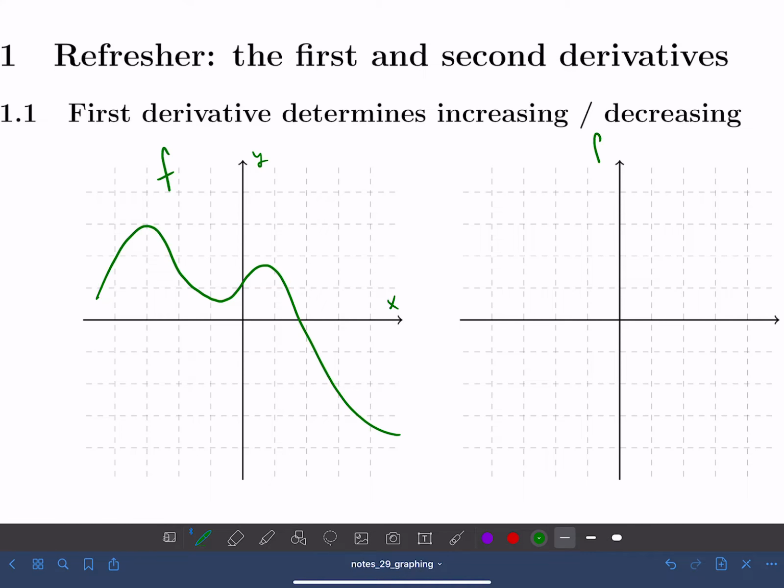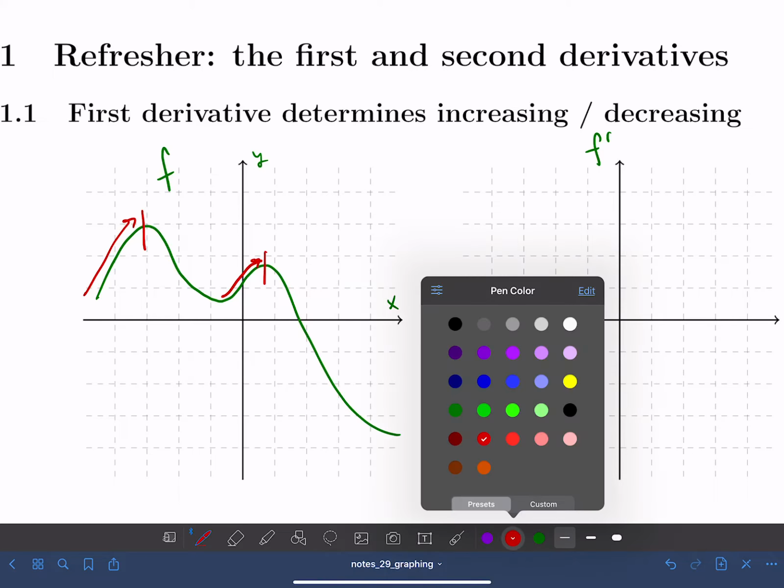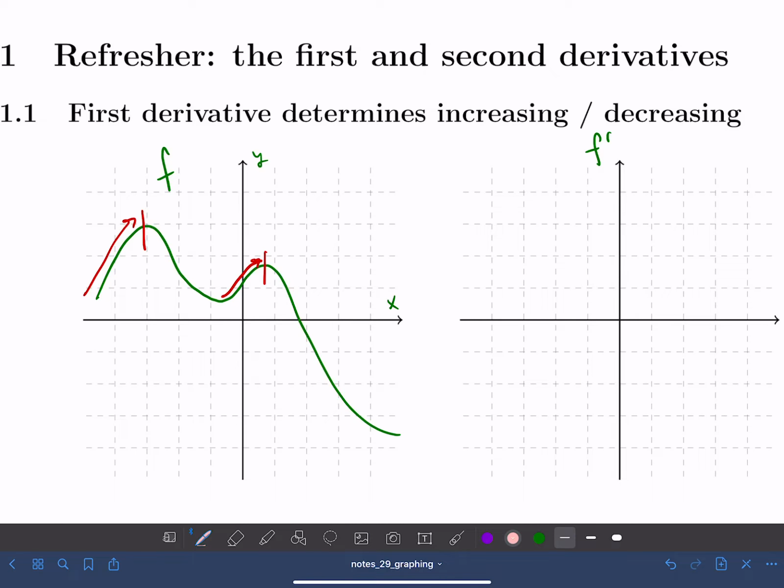And then over here, I draw f prime. There are some parts where this function is increasing. So it's increasing there and there. And the function is decreasing from there all the way over to there.